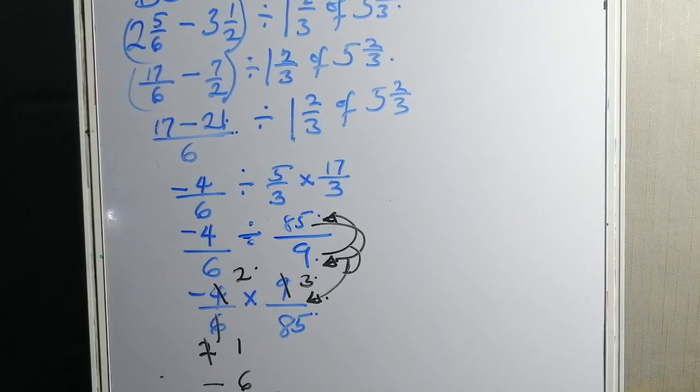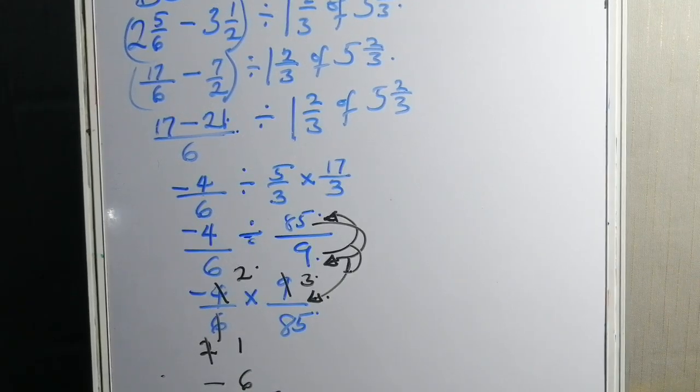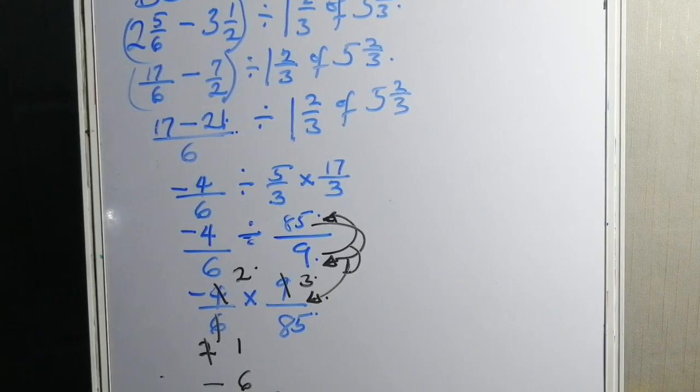So you need to pay attention to what you're doing. BODMAS is very simple. All you need to do is take care of brackets. The next one, you take care of your "of" sign, O for "of".